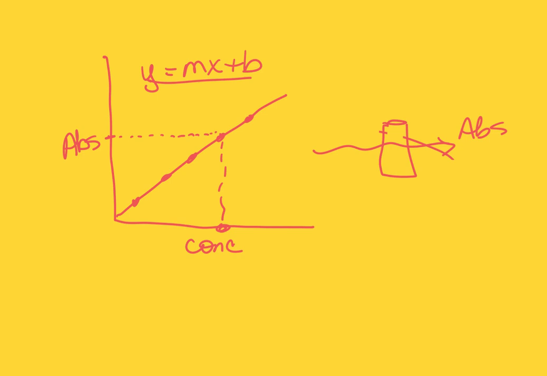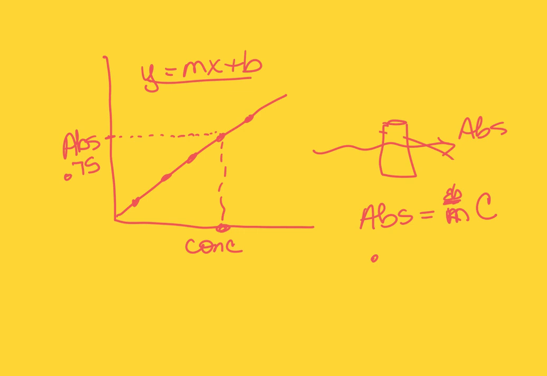So let's say that we were given an absorbance of 0.75. We could put it into the equation because we have absorbance equals, remember EB, that's one number now, it's our slope, M, times the concentration.